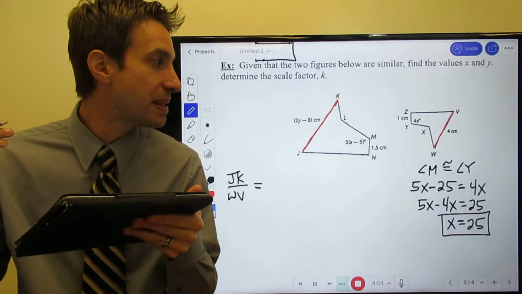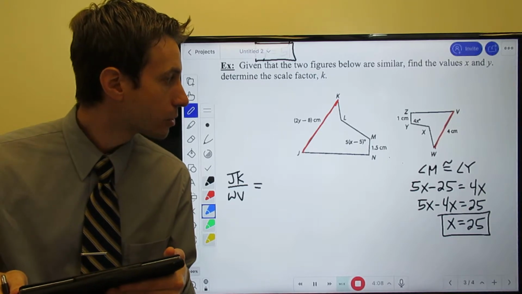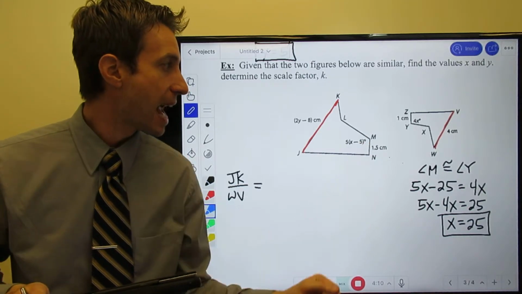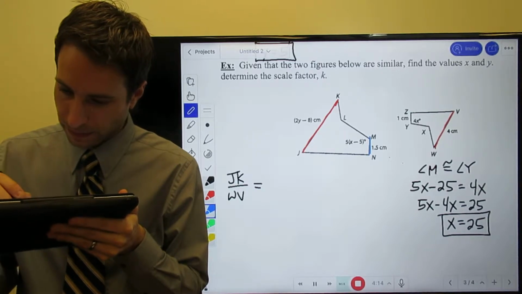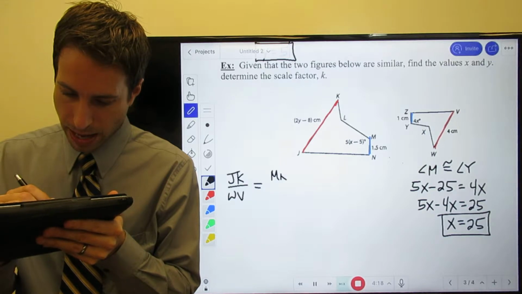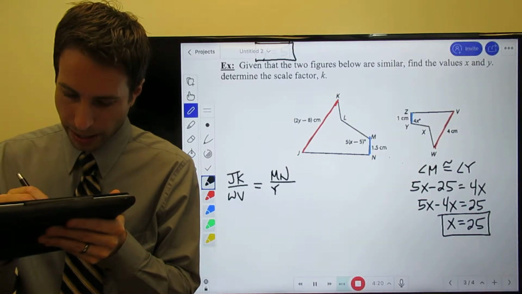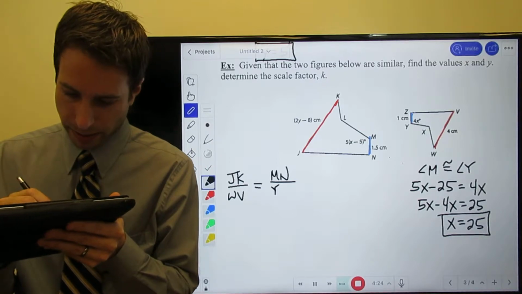That has to be equal to, let's see, what else do they give? Oh, they give me MN and YZ. So, MN over YZ.